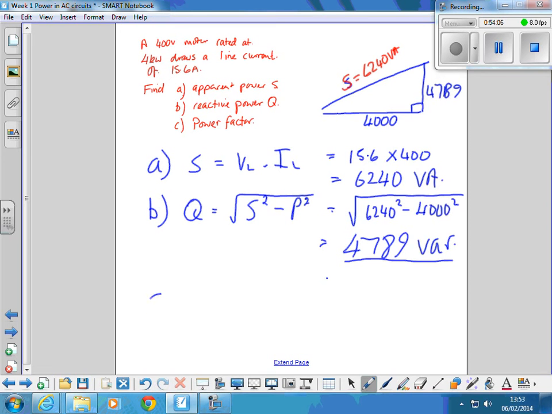Power factor. How are we going to calculate that? Yeah, it's P over S, because it's the cosine of the angle. Cosine is adjacent over hypotenuse. That's the 4000 over the 6240, which is 0.641.